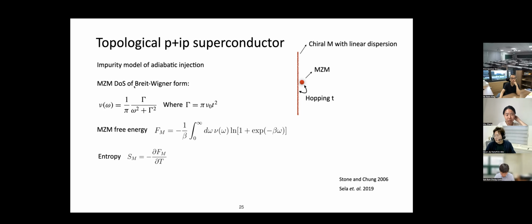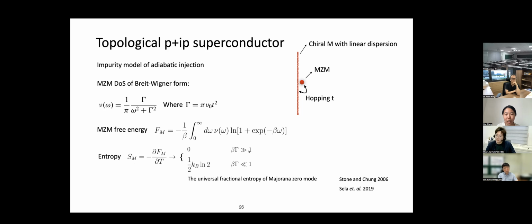So with this density of states, we can calculate the free energy of the Majorana zero mode. And because it's a Majorana mode, we only integrate over the positive energies from 0 to infinity. And nu here is the density of states, and this log term comes from the fermionic statistics of the Majorana zero mode. And the free energy gives us the entropy carried by the vortex.